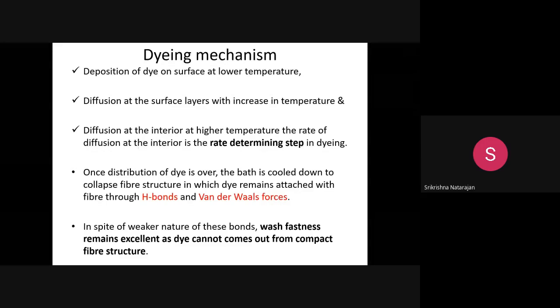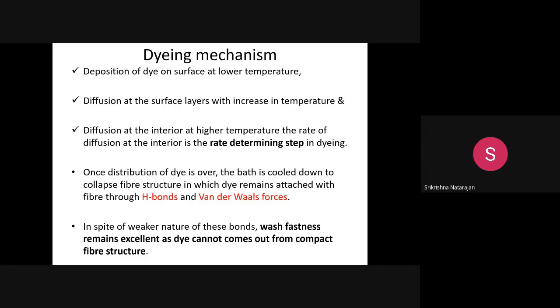Once the dyeing is completed, what will happen? The dyes which have entered inside the molecular structure of the fiber will get entrapped. Okay, just imagine the surface which contains some pores. Dyes will enter those pores, and once dyeing is completed and the bath is cooled, the structure closes.